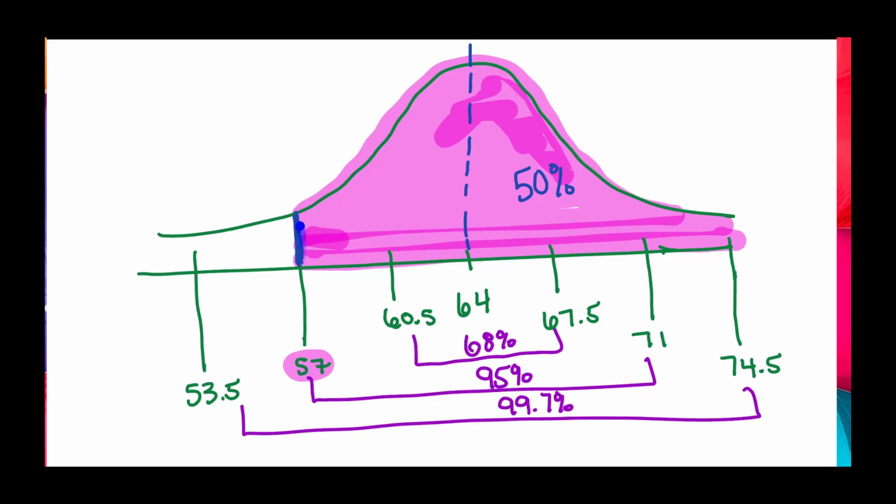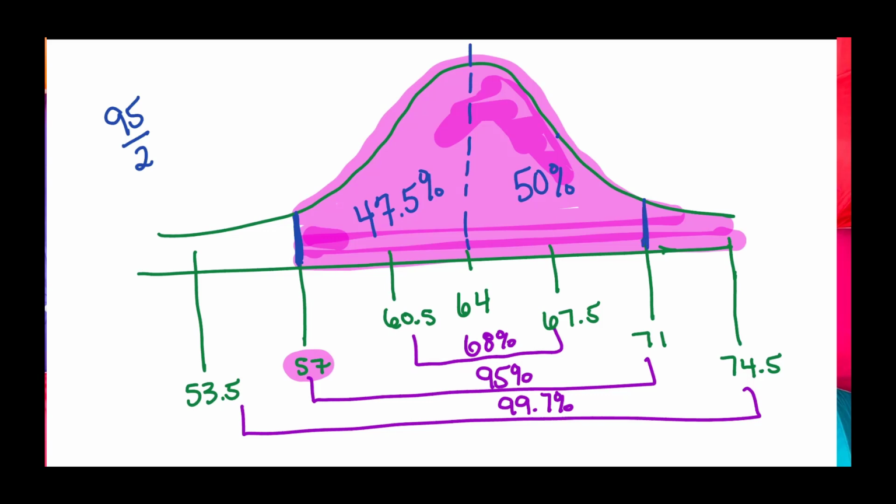I know from here to the 71 is 95%, but if I go from 57 just to the mean, that's half of the 95. So 95 divided by 2 gives me 47.5%.